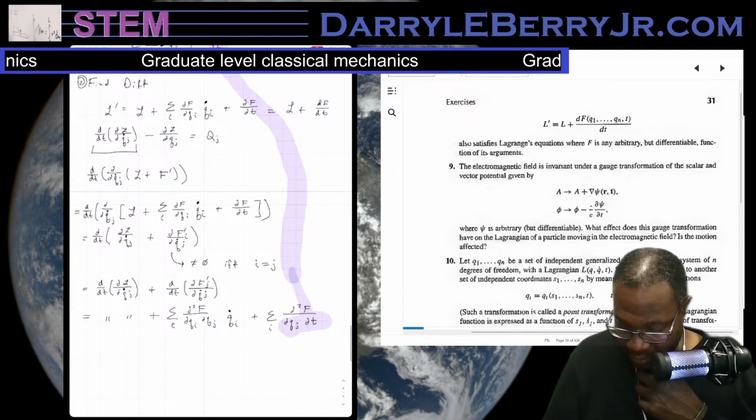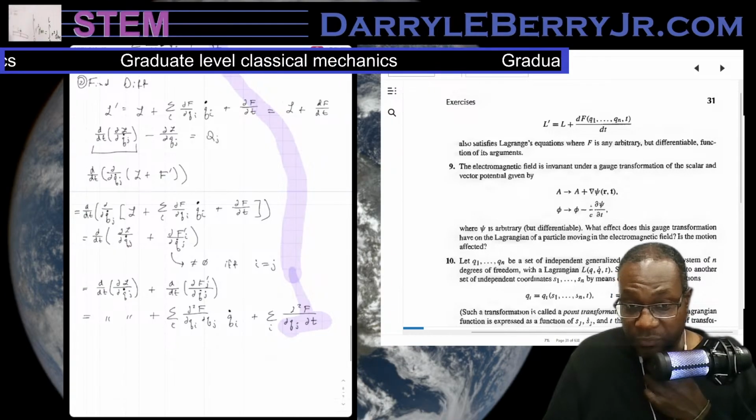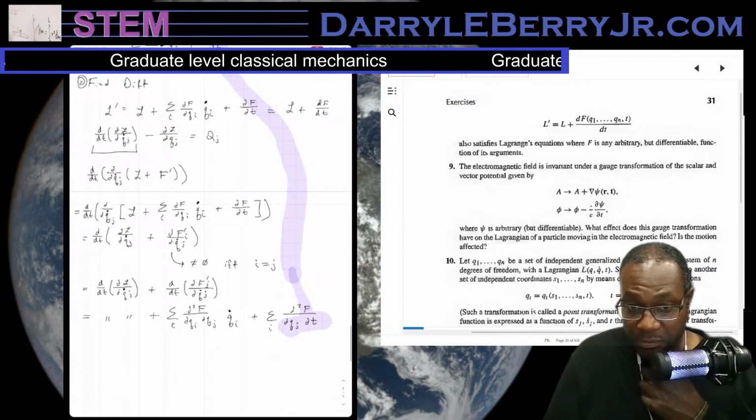So i has to equal j for this part to not equal 0.